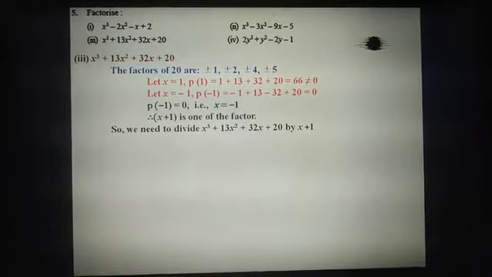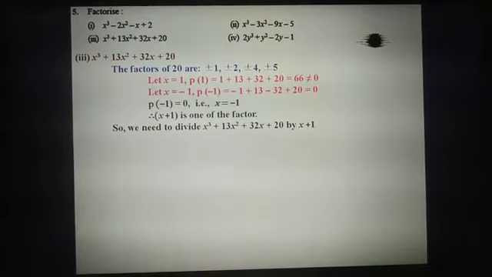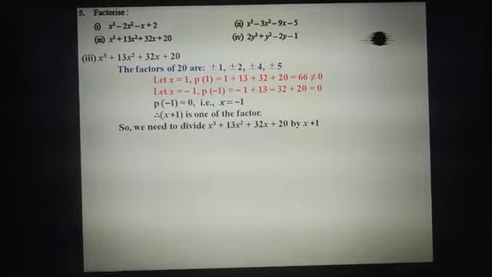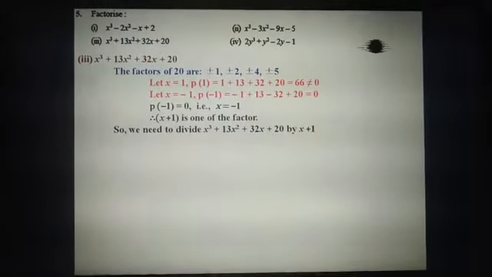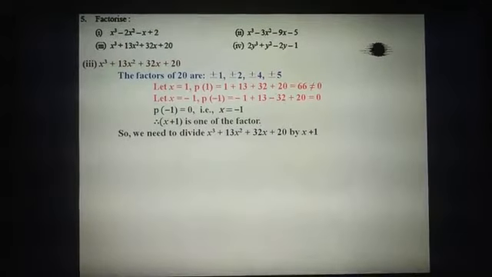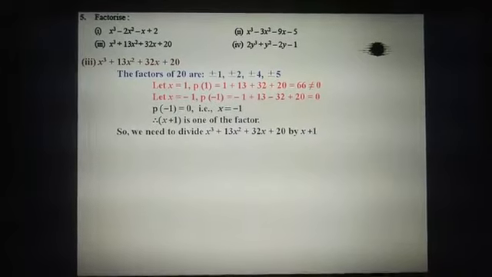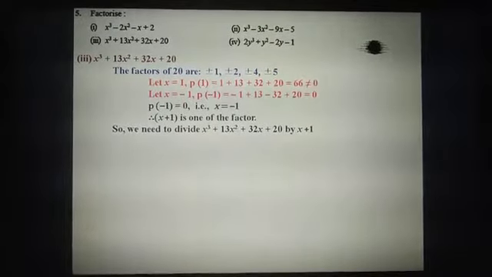Next, we need to divide the given polynomial, that is x cube plus 13x squared plus 32x plus 20, by this first factor x plus 1.